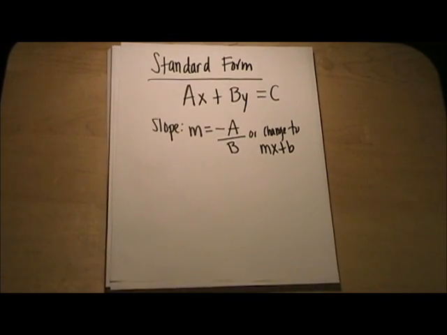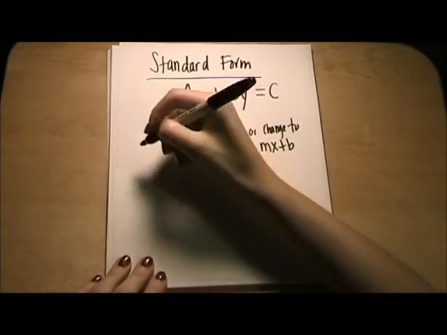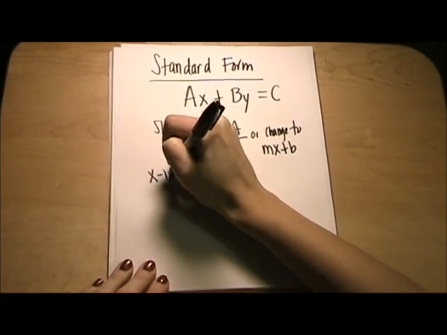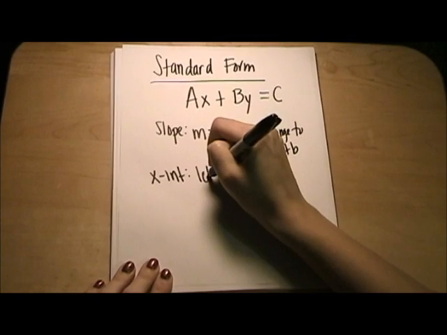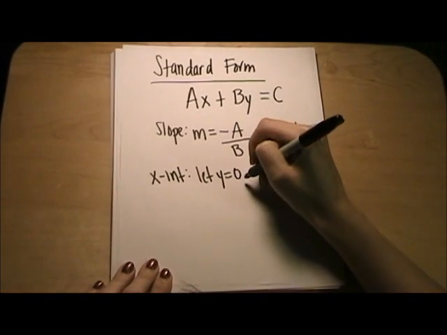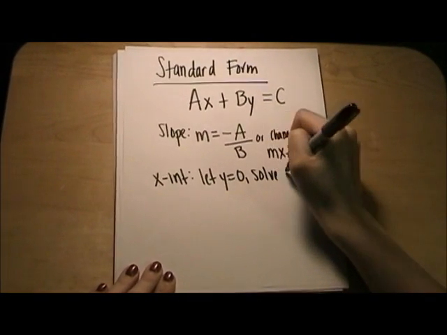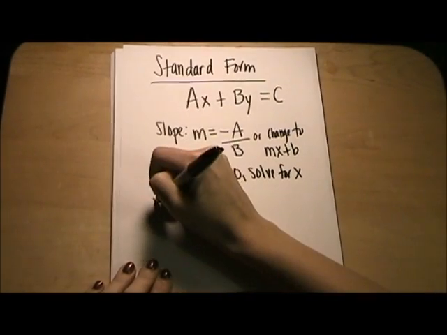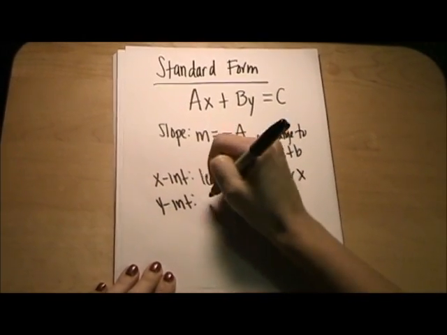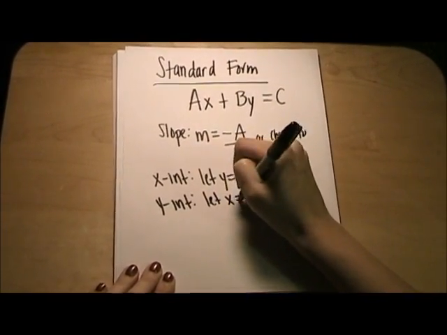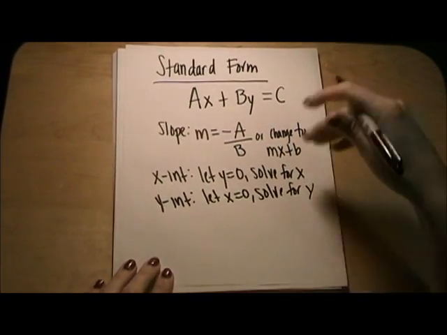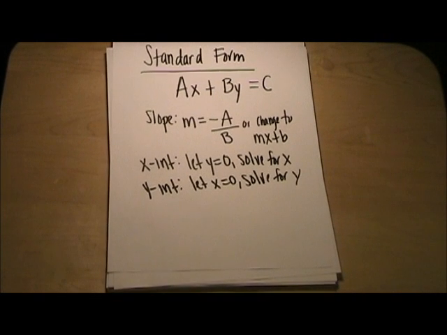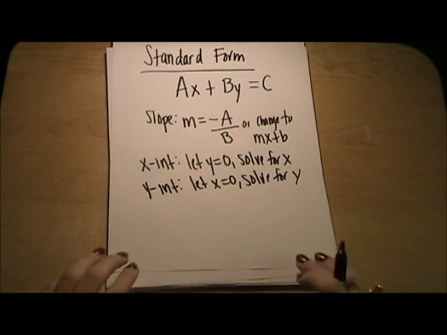I recommend learning that. To find your x-intercept, you let y equals 0 and solve for x. For your y-intercept, you let x equals 0 and solve for y. That should be a review. We've already talked about x and y-intercept, so that's just a reminder.